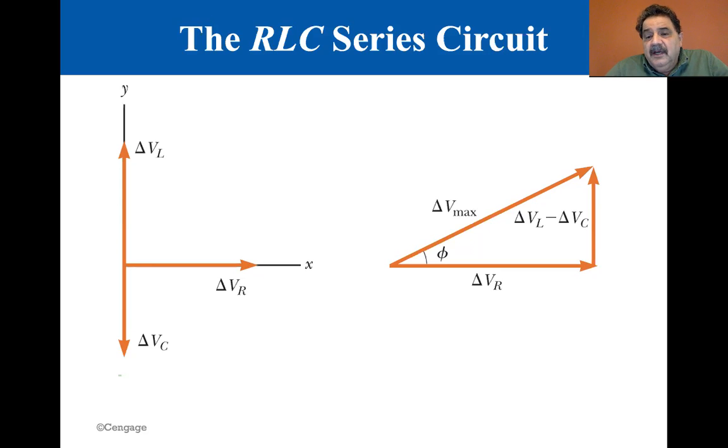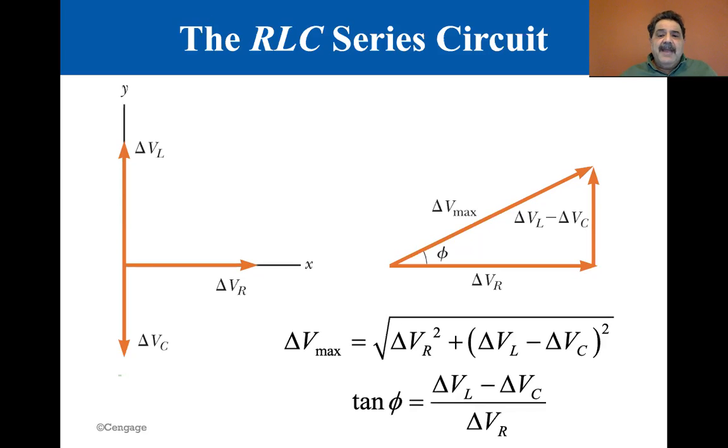You take the square root of the sum of the squares of those two, the delta VR and the delta VL minus delta VC, to get your V max. So V max is equal to the square root of delta VR squared plus the quantity delta VL minus delta VC squared. Now the tangent of theta is equal to the opposite over the adjacent.